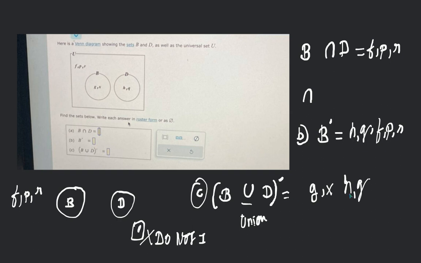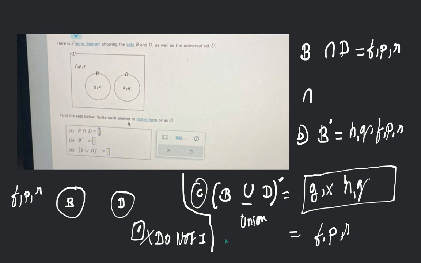So G, X, H, and Q are the things we need not include. Apart from these four, what else can you see in the diagram? F, P, and R remain. Very good. So F, P, and R will be written for the C part. Got it.